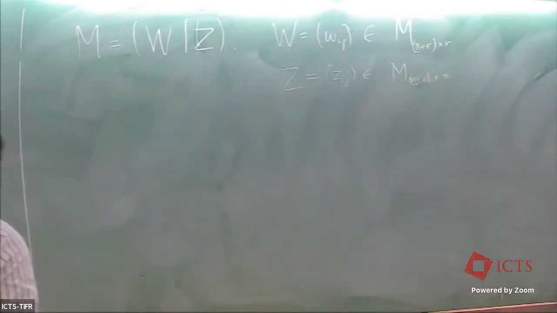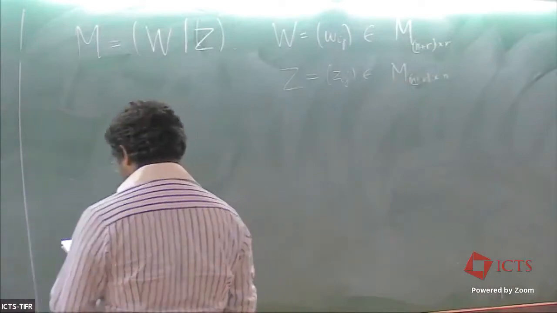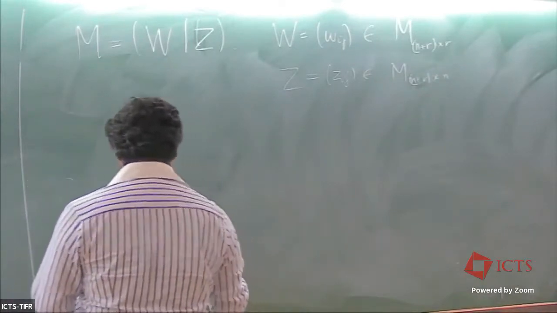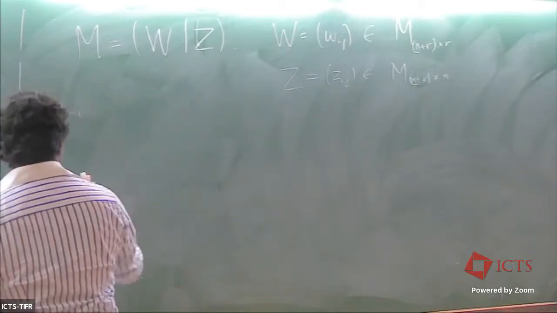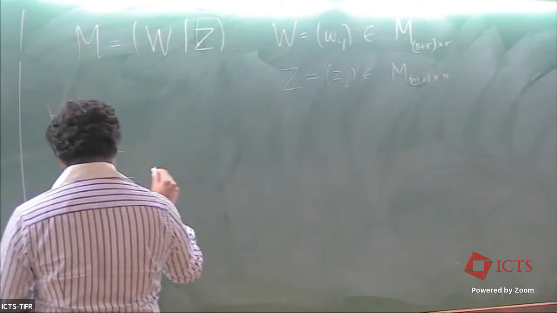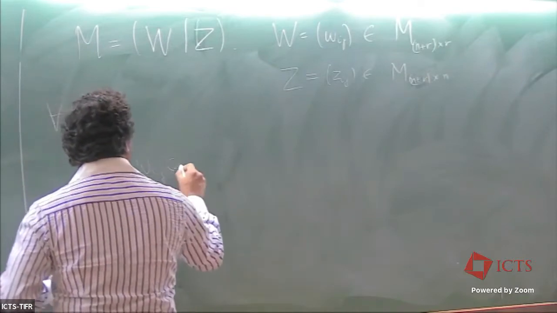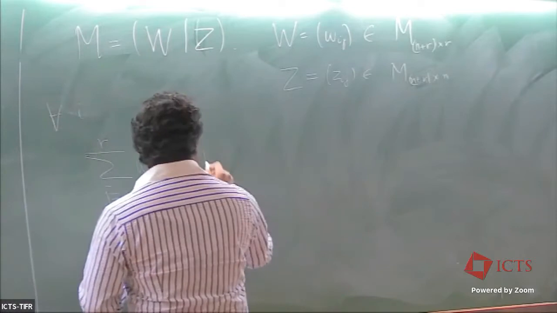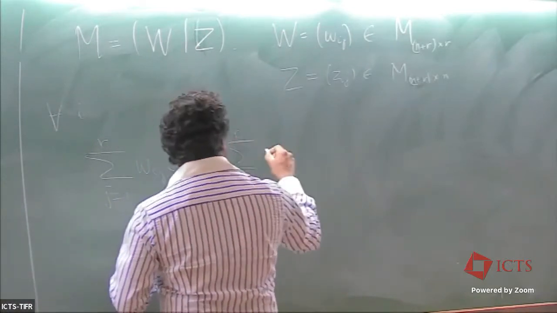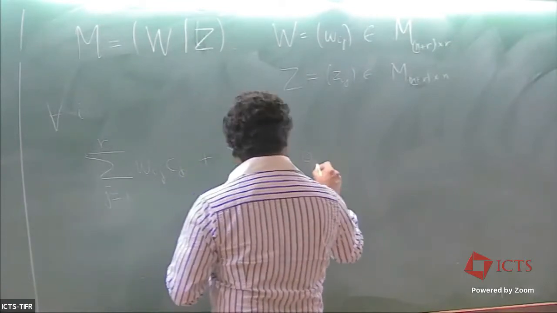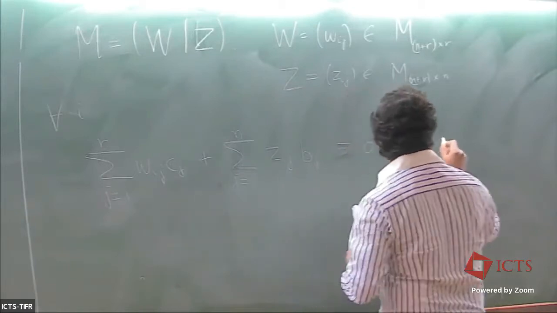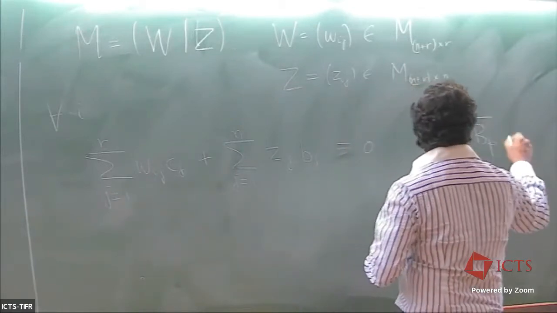Maybe I got my rows and columns mixed up, but in any case, for all i, you have the summation over j from 1 to r of W_ij c_j, plus the summation over j from 1 to n of Z_ij b_j, is congruent to 0. So this is 0 in B_P bar.